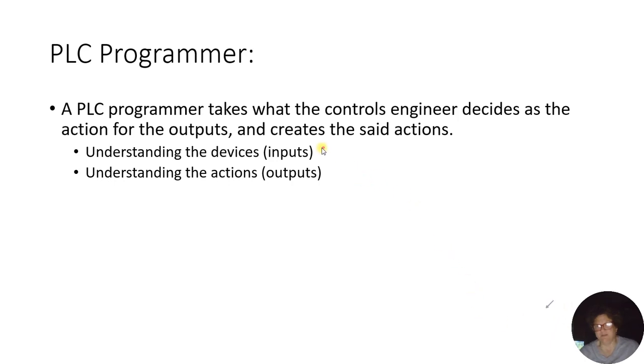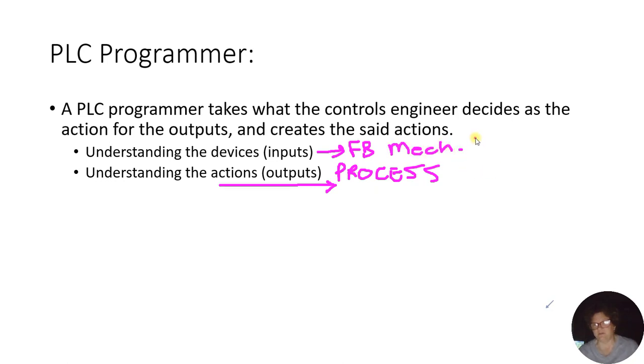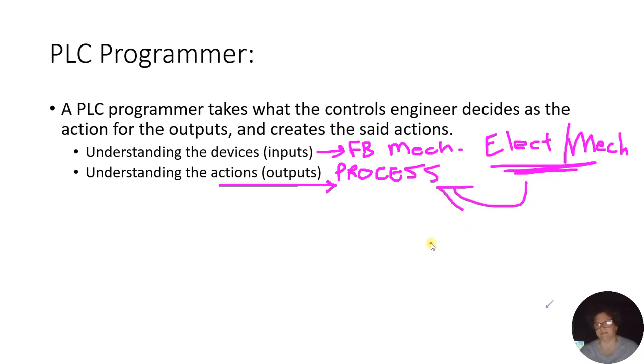So to me, this is your connection to your process side, because you want your actions to match up with whatever your process control is. And then the inputs are going to be related to mechanical feedback, because you are always going to get an electrical mechanical response, and that feedback from here will cause the change in the process.